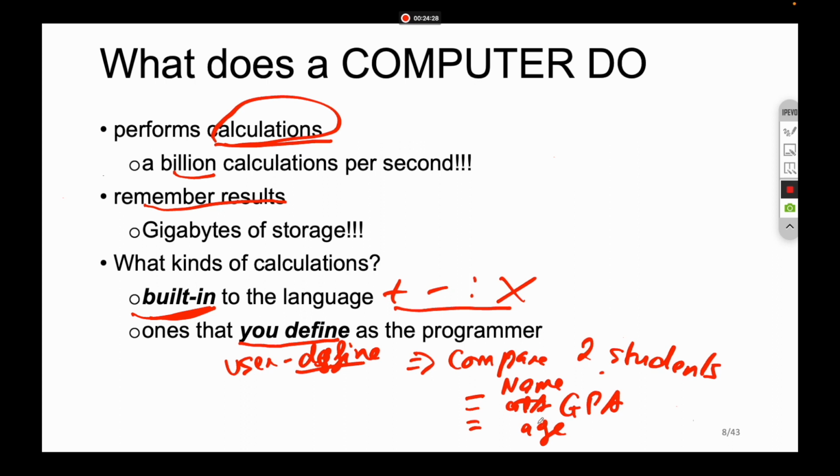So what kind of attribute do you want to compare? Your computer doesn't know, but you can design the program to use a specific attribute and compare for you. But actually it's just based on the basic operations. It's very simple.